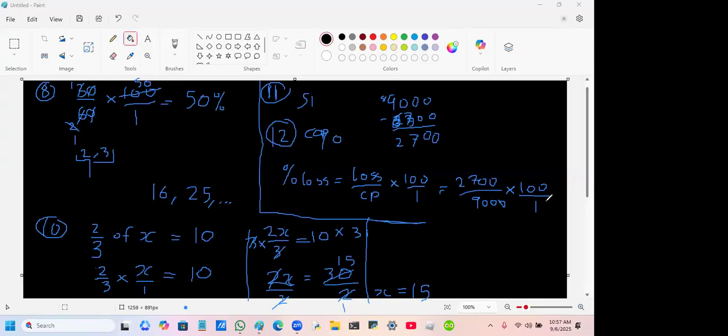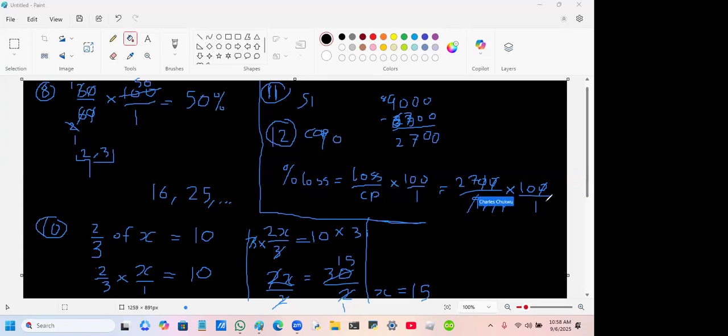Okay. I was canceling some things here. This zero cancels this zero. This zero cancels this zero. This third zero from 9,000 cancels one of the zeros in 100.